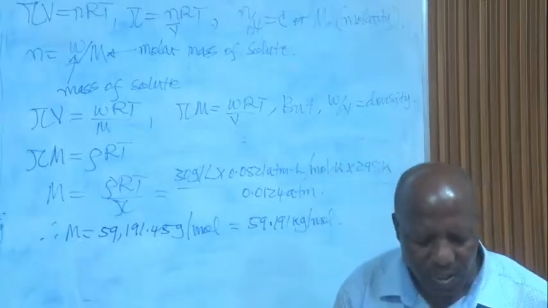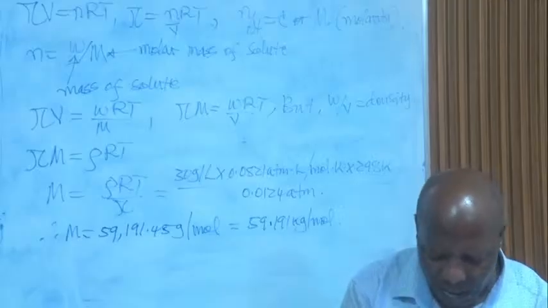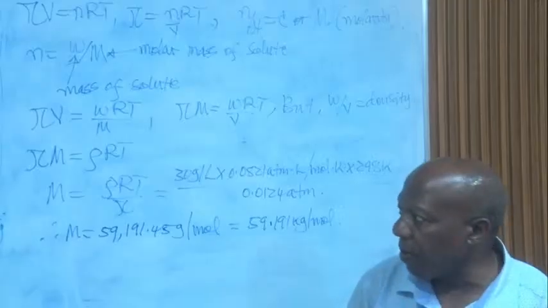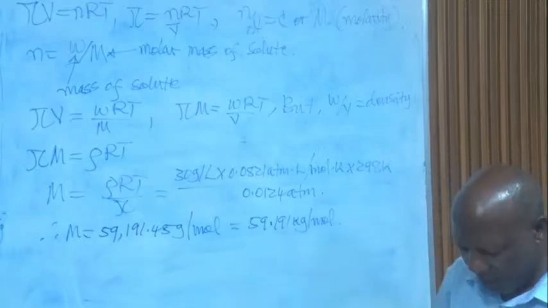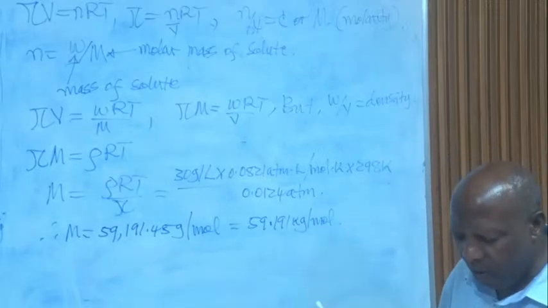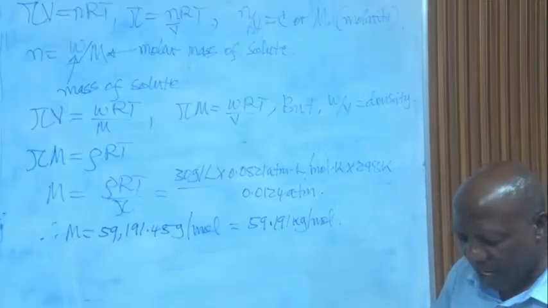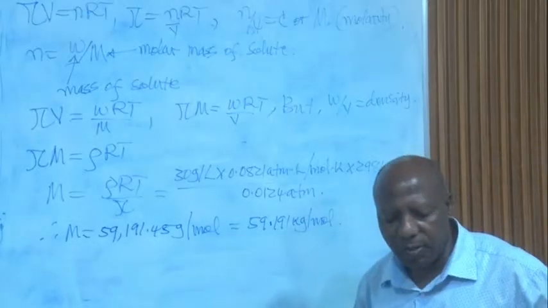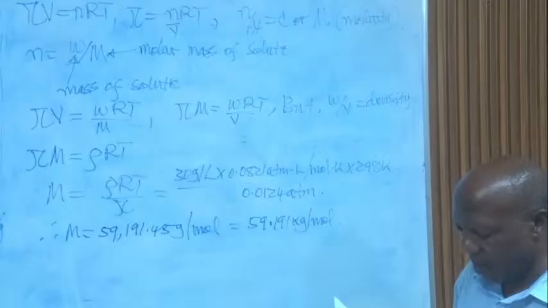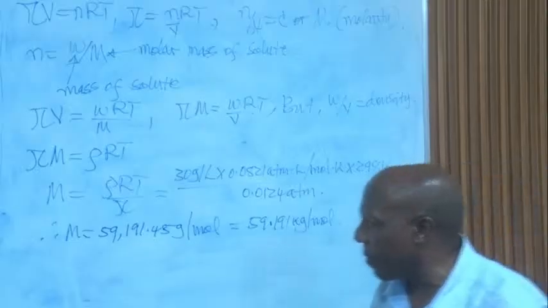It can be a protein or any giant molecule or complex structure of organic compound. So this is how osmotic pressure, one of the colligative properties of solutions, can be used to determine the molar mass of a compound.